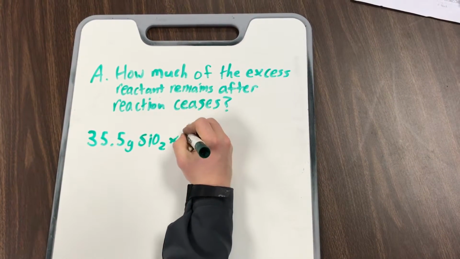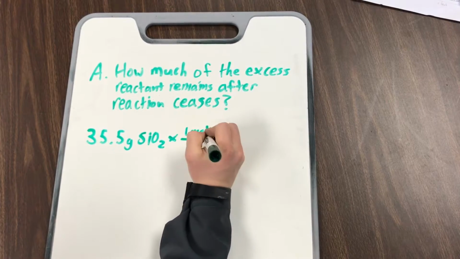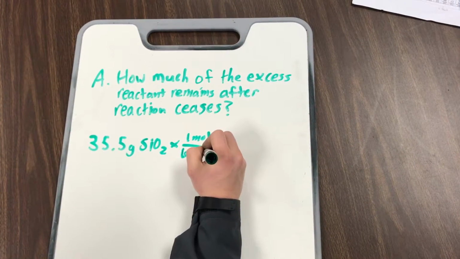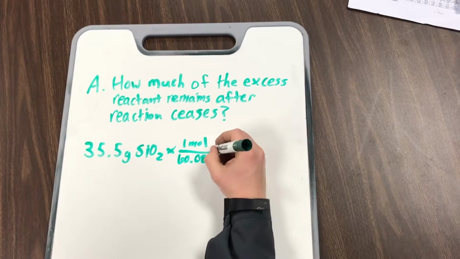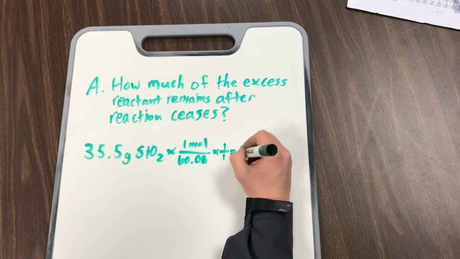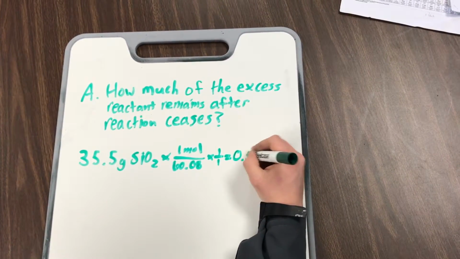So our first equation is 35.5 grams of SiO2 times 1 over 60.11 times 1 over 1, which would be the ratio, and as a product we would get 0.5908.